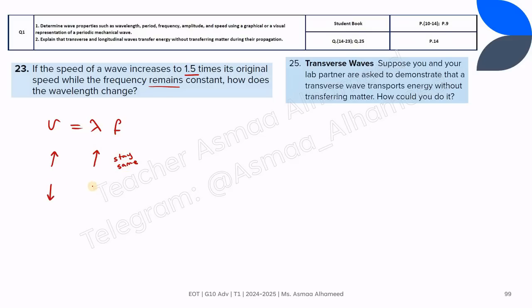If velocity decreases, the wavelength will decrease and this will also stay the same. Now if you increase velocity by 1.5, the wavelength will increase again by 1.5. So we say that it will increase by the same amount, which is 1.5 times. This question we already solved in part 1.